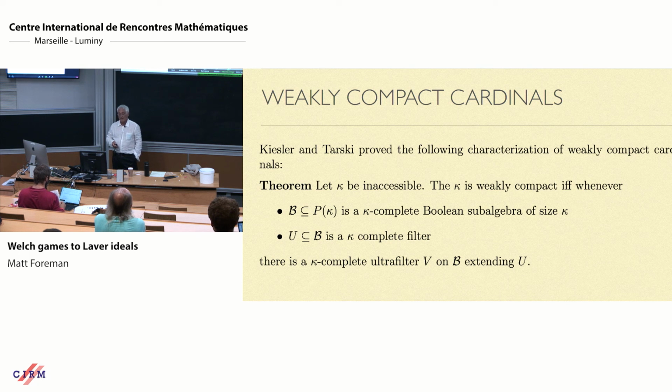Let kappa be an inaccessible cardinal, then kappa is weakly compact if and only if whenever you take a kappa complete subalgebra B of the power set of kappa and a kappa complete filter over B, then you can extend it to a kappa complete ultrafilter on B. So at least for kappa complete subalgebras, you can take a filter and extend it to an ultrafilter. Of course, that's what you do when you prove the compactness theorem for first-order logic, so this is a very natural thing to do.